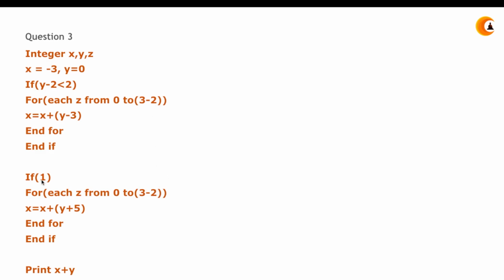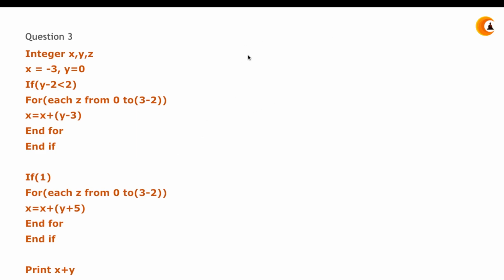Now, if you observe this condition, if 1, we know that any non-zero number is always true. So if 1, that means this part will always be executed, because 1 is a non-zero number.